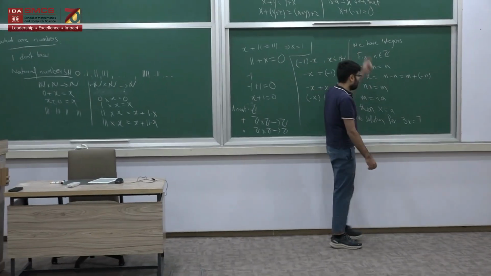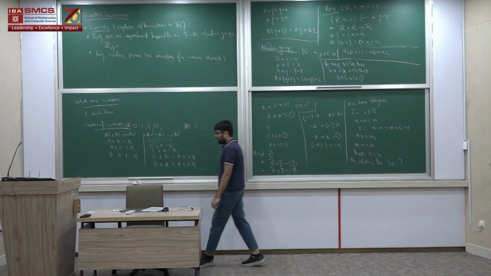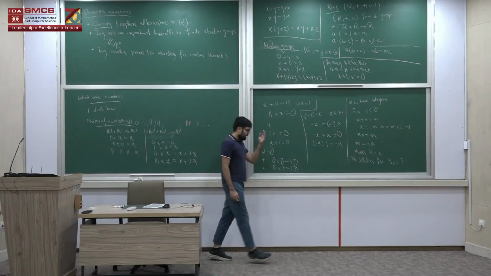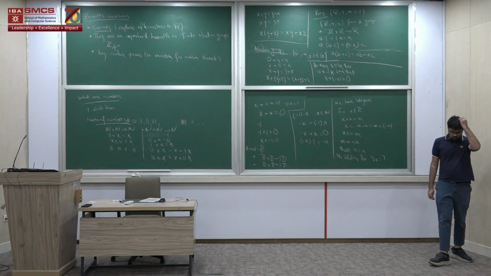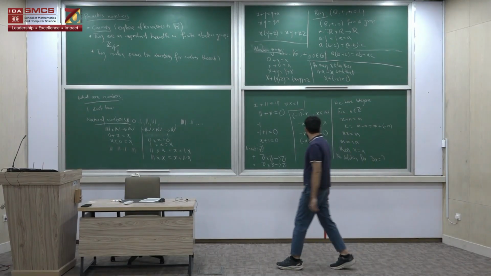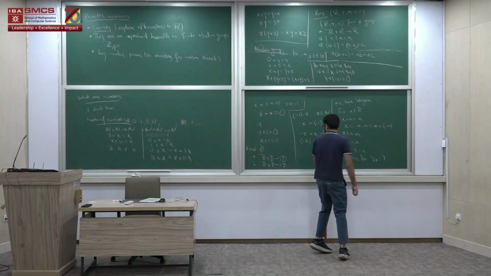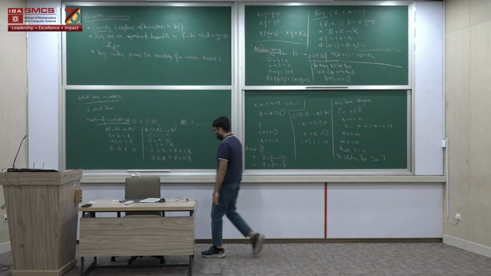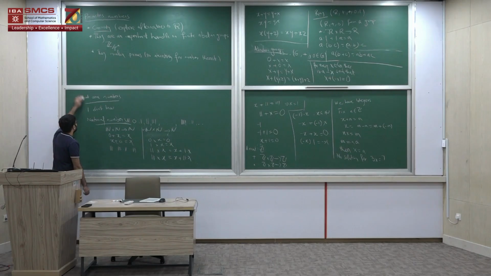with this amount of structure we can't solve an equation like this. So we need more. What we can do is try to just add more elements. There is a very standard construction for this, which we can do as follows.